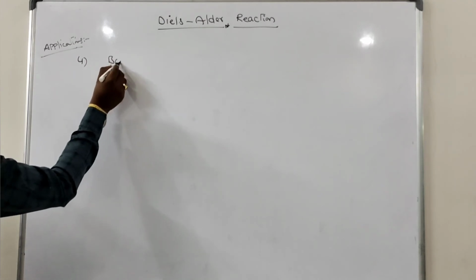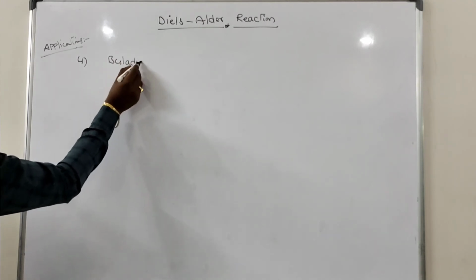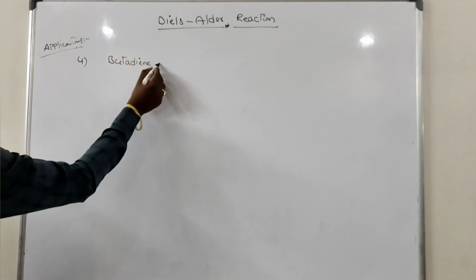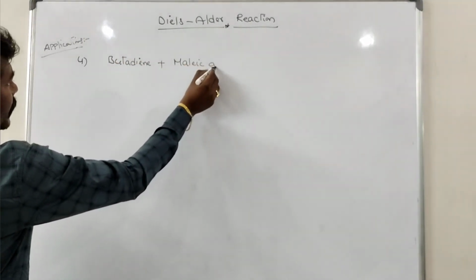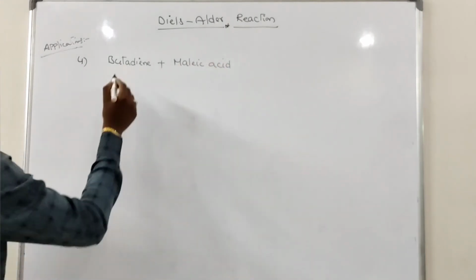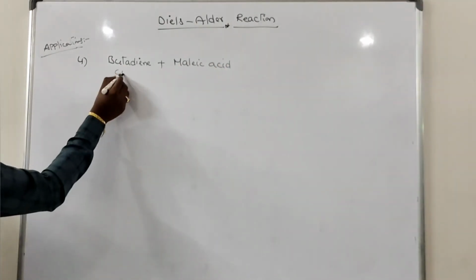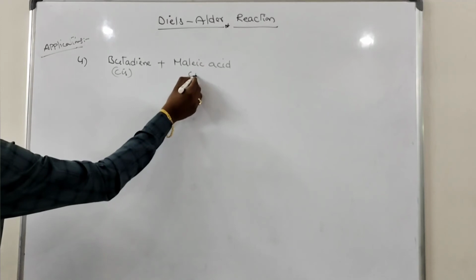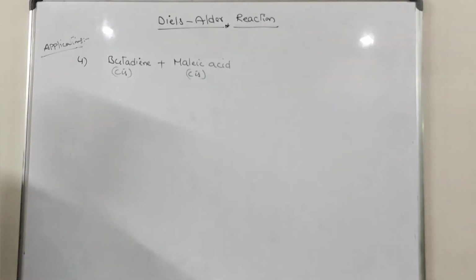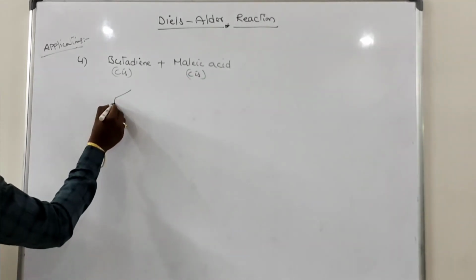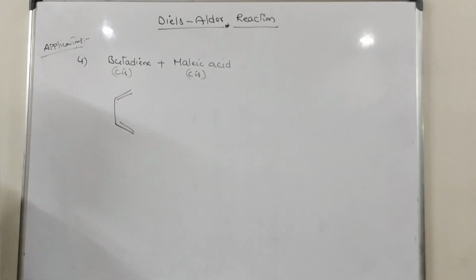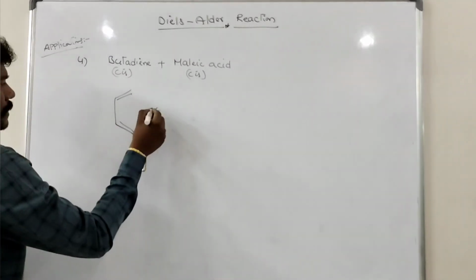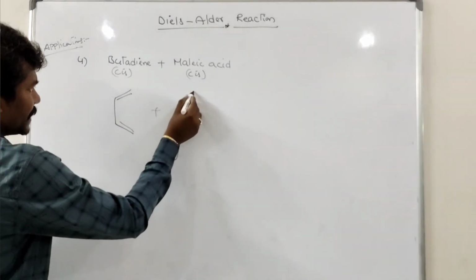Butadiene plus maleic acid: both are cis. The diene must be in cis form, while the dienophile may be cis or trans.